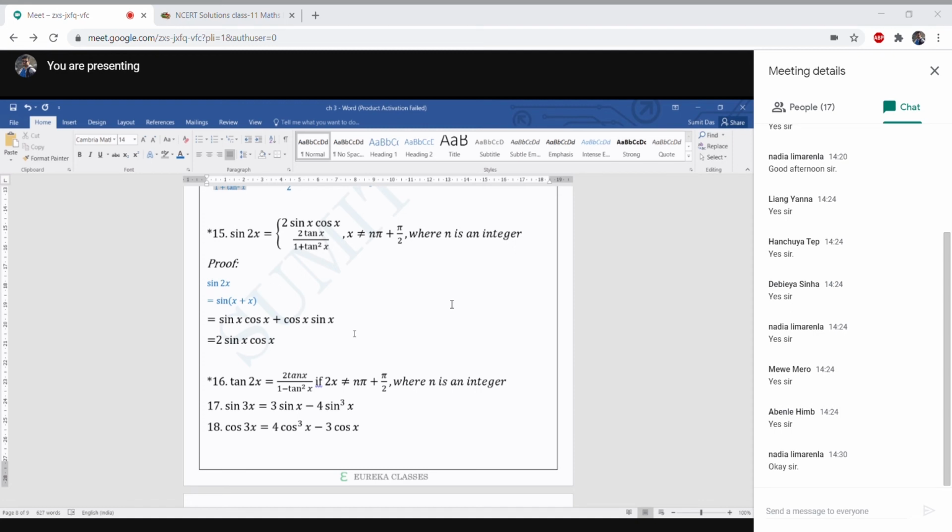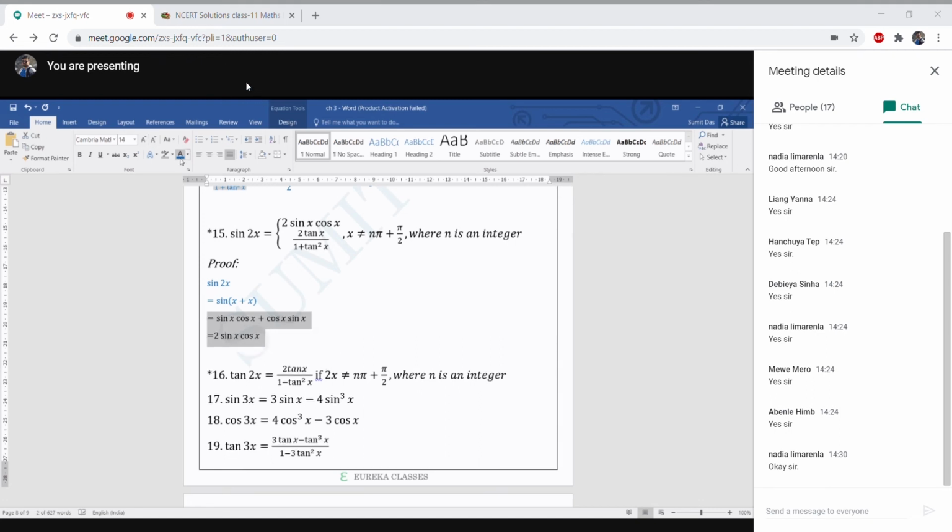Okay, next one also same. This will be proved like the previous one. This is our formula proved.